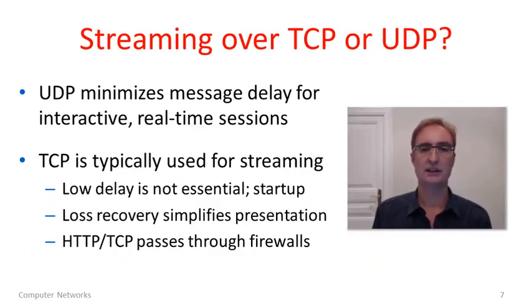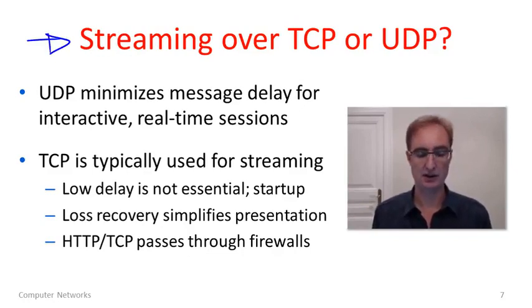So what else is a little different about the streaming media case than the interactive conferencing case? Well, one thing that is quite different is just the transport protocol we can use to get the information there. In particular, should we stream over TCP or UDP?